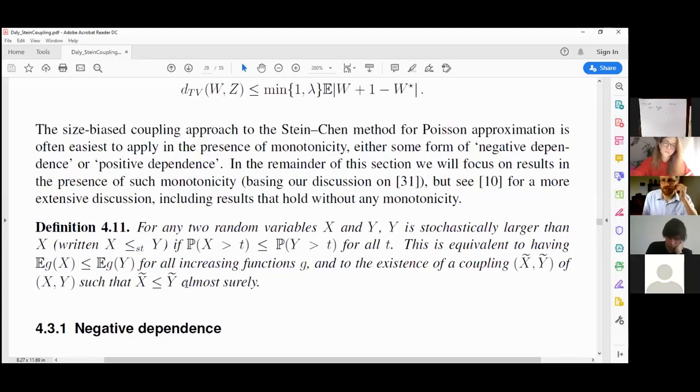So I can construct these on the same probability space so that the random variable that looks like x is almost surely smaller than the thing that looks like y. However you like to think about this definition, it's fine. I think the easiest is the definition we started with, where we're just thinking about the amount of mass that these two random variables have in the right tail.